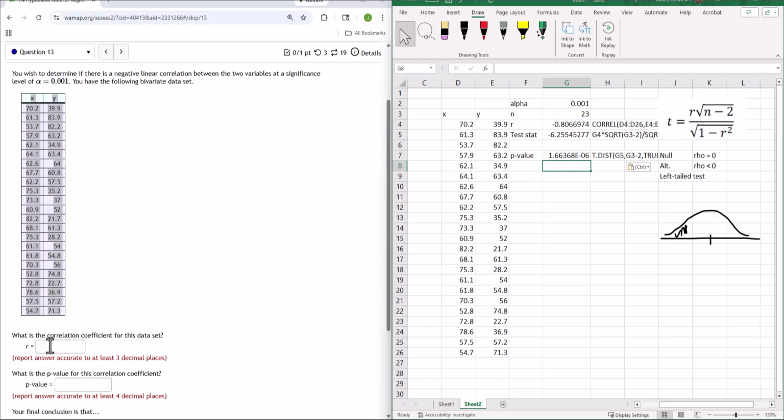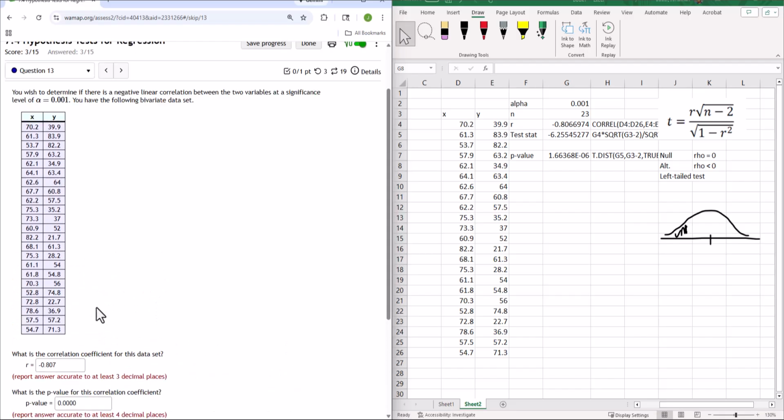So in answering these questions here, first of all, the correlation coefficient, negative 0.80, and then that 6 is followed by another 6, so it will round up. The p-value, the 4 decimal places, I've got bunches of zeros.